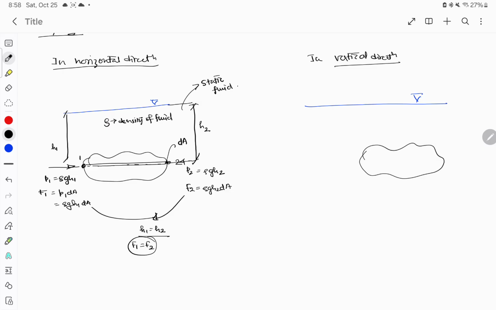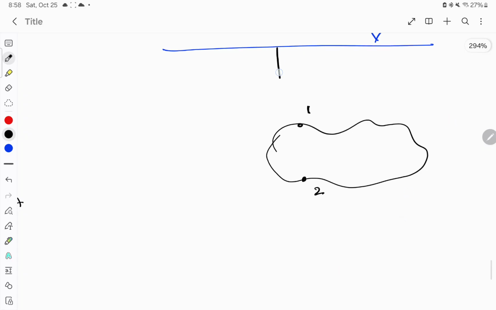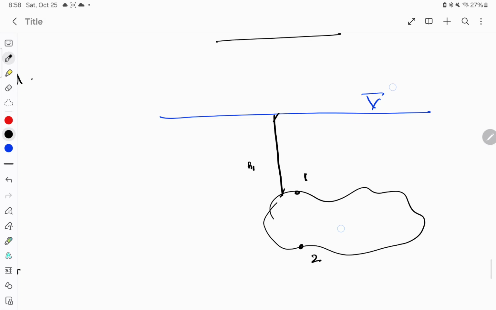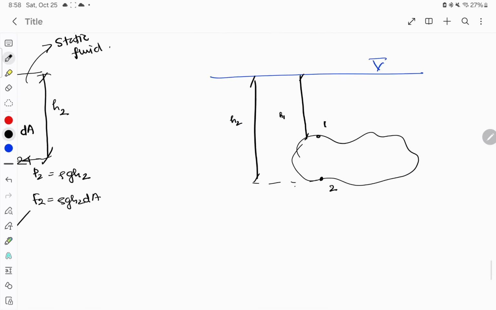However, if we consider 2 points in the vertical direction on the body, say like this, with height h1 for point 1 and height h2 for point 2, then the pressure acts vertically, making an angle of 90 degrees.